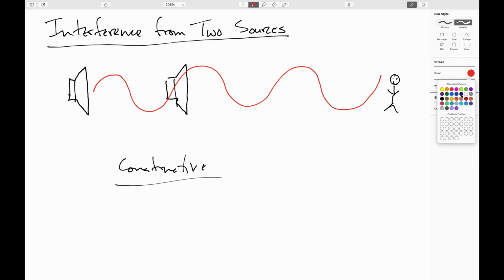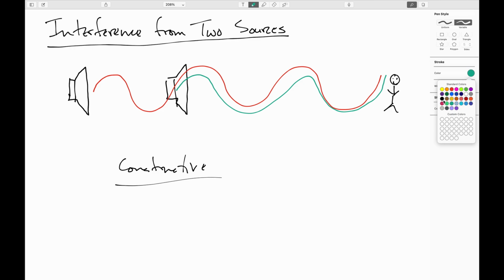It's just to tell them apart. And let's make this one blue. Here, we've got it so that at all points, crest meets crest, trough meets trough, and so we'll have constructive interference.